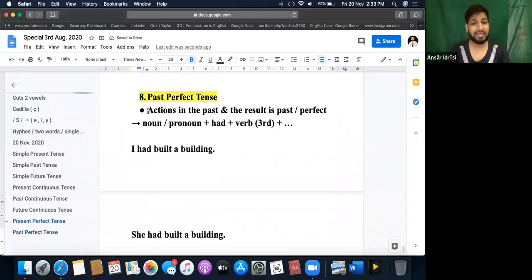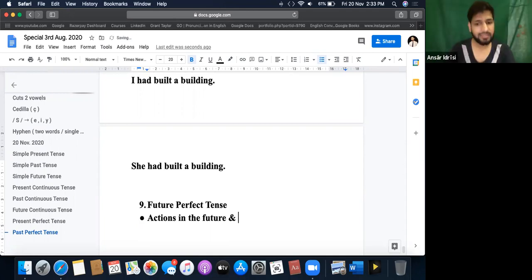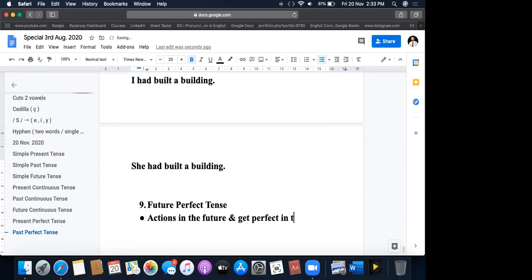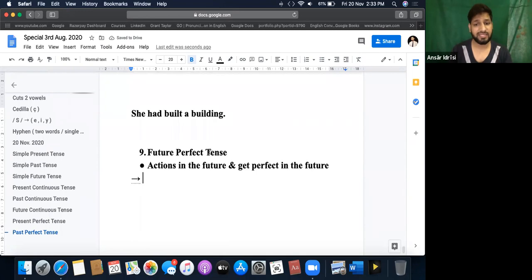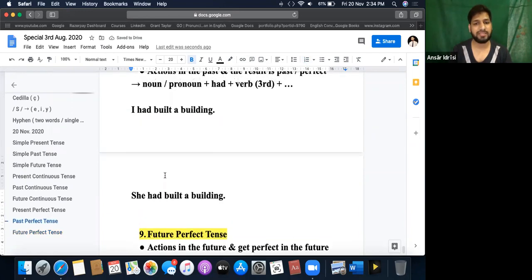When action is in the future, and gets perfected in future only. Future में start हो रहा है, future में perfect हो रहा है. That's called future perfect tense. Action starting in the future, getting perfected in the future. That's what future perfect tense.